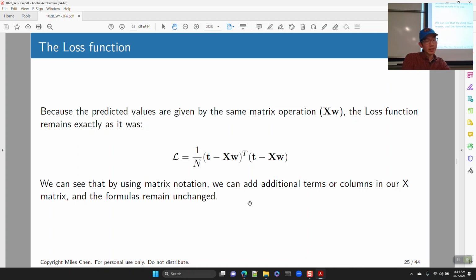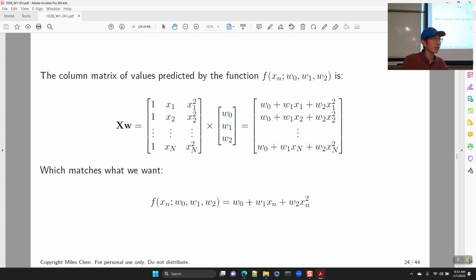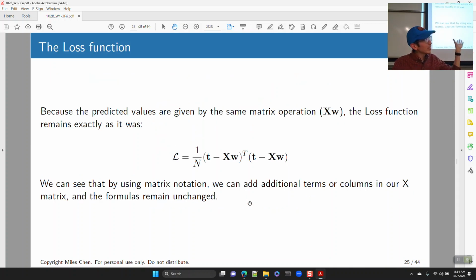And if you were given this assignment, now that you have a quadratic term, you'd have to find the partial derivative with respect to W0, W1, and W2. And it becomes a lot more work. But here, we work in matrix notation, and we say, oh, this is the exact same problem that I had before.